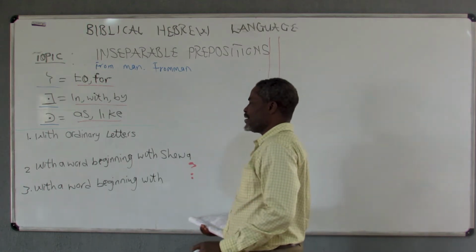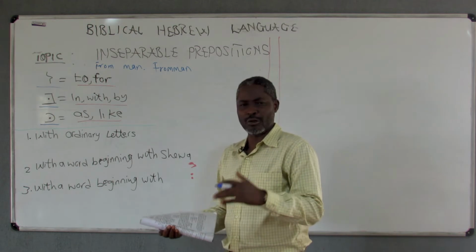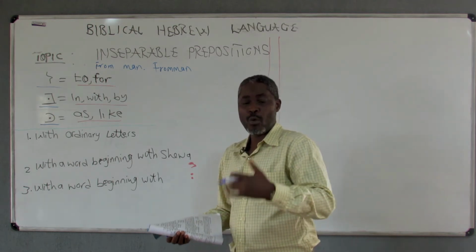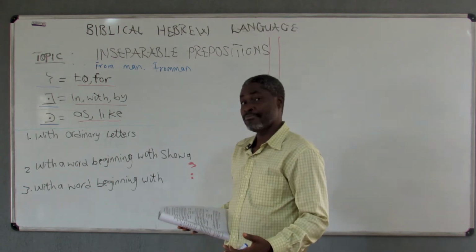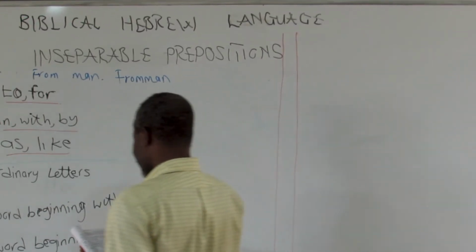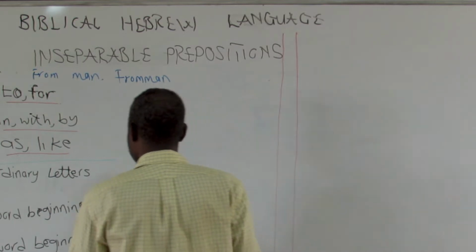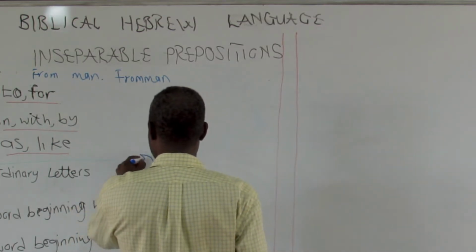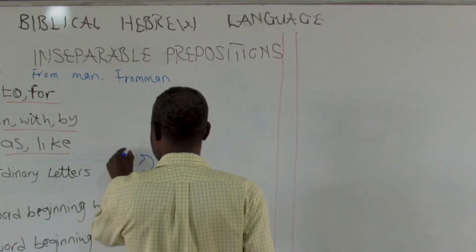Now, if you want to add them to a word that starts with an ordinary letter, for example, you want to say to king, Melech is king.